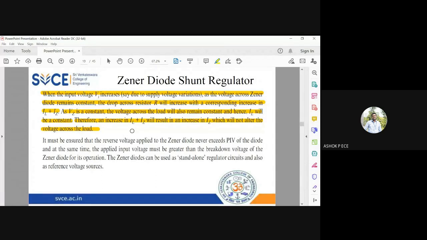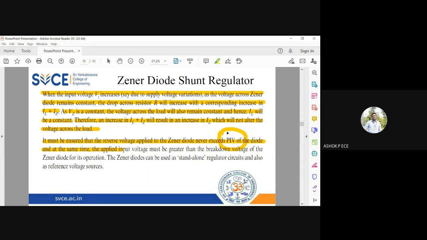So it must be ensured that the reverse bias voltage applied to the Zener diode should never exceed the peak inverse voltage of the diode. There is a rating called PIV. PIV is the maximum value of voltage your diode can withstand in reverse bias. So whatever voltage you apply should always be less than PIV. If you ensure this condition, then the Zener diode will be very good. And the input voltage should also always be more than VZ.